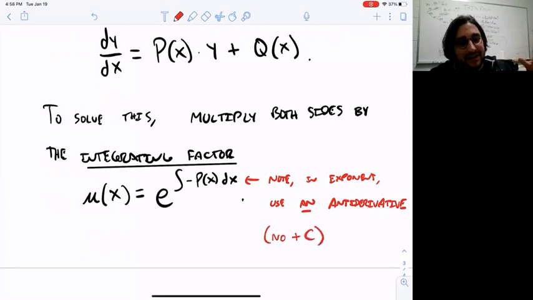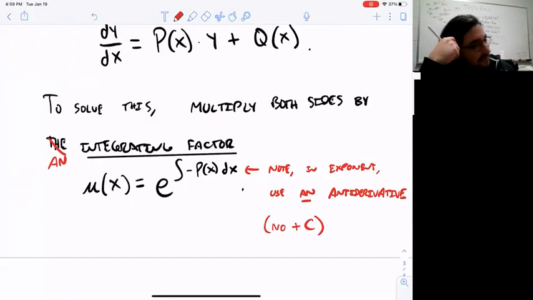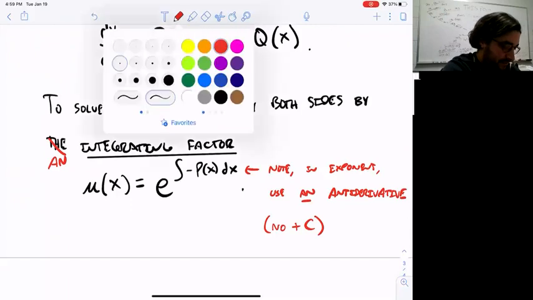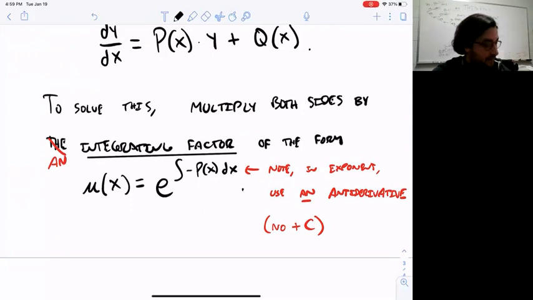You just need an integrating factor. So maybe I should write an integrating factor, because it doesn't matter which antiderivative you use in that exponent. So that's our method.